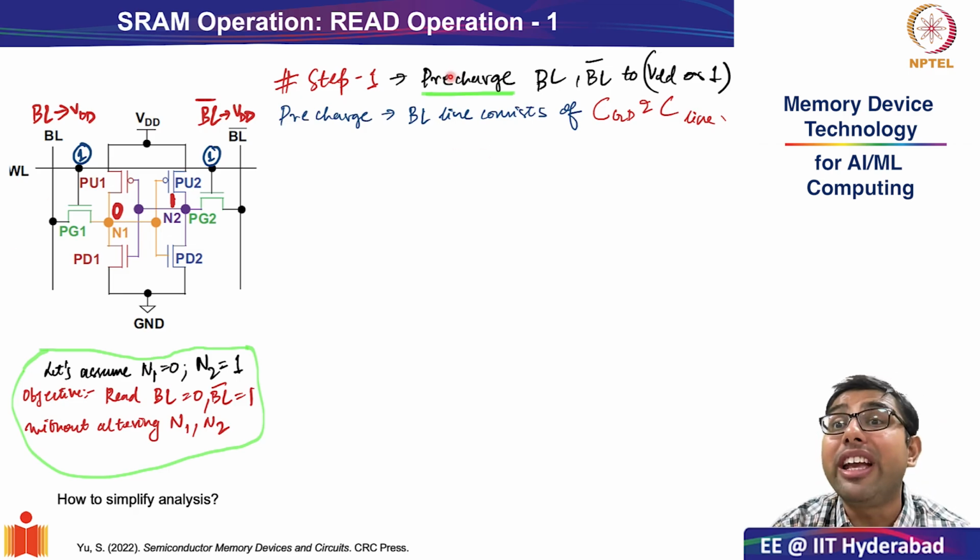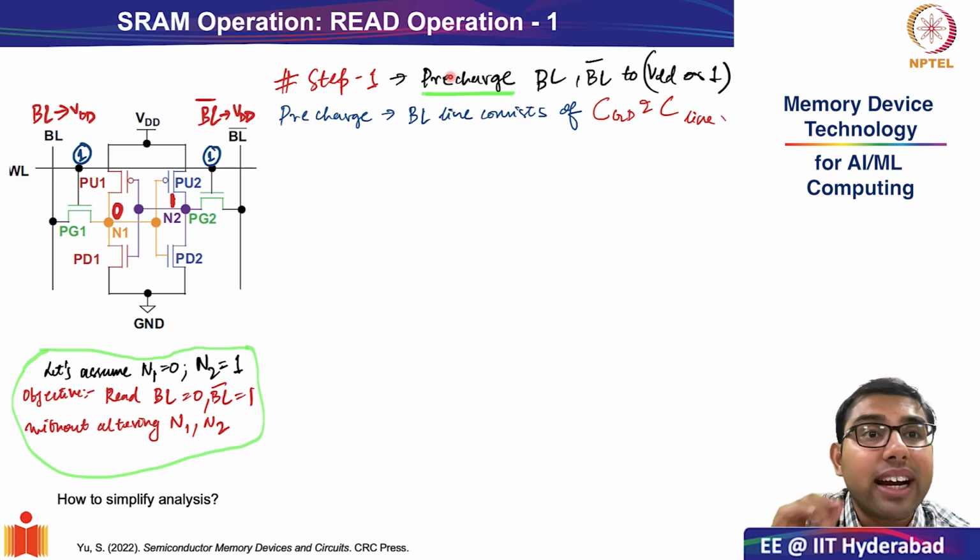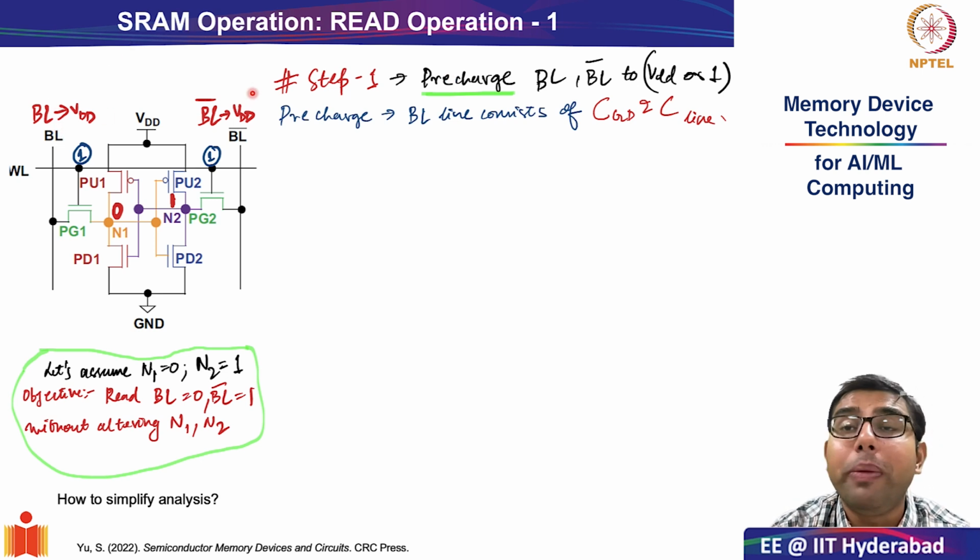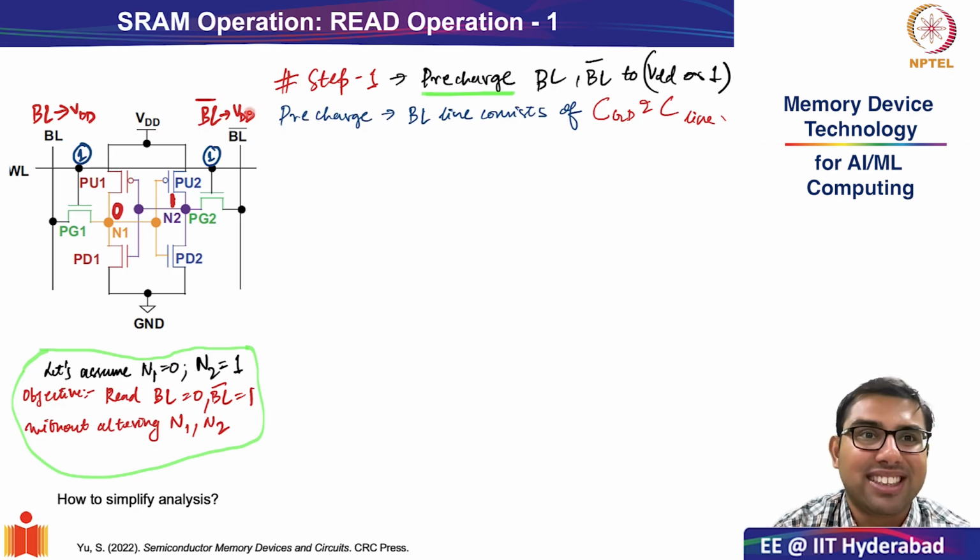And please recall what the structure of your pre-charge circuitry was. We also studied that when we were looking at peripheral design. The structure of your pre-charge circuit was 3 PMOSs. One PMOS which connects VDD to bit line, another PMOS which connects VDD to bit line bar, and another PMOS which connected the bit line with bit line bar to equalize the potential, right?